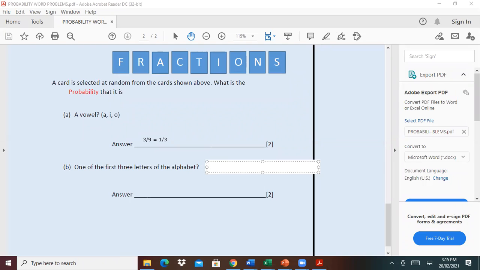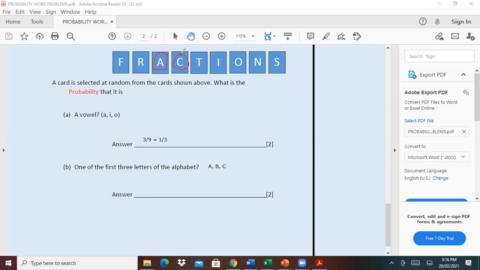It's A, B, and C. So let's see if we have any A, B, or C letters in this word fractions. There we go. We have an A here. I don't see any B's. And we have C here.